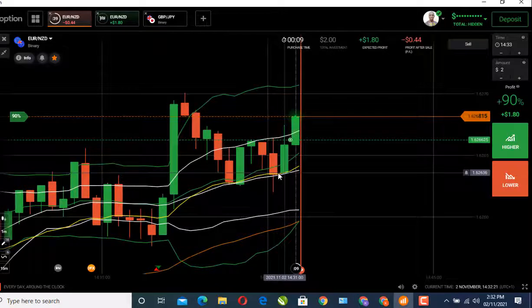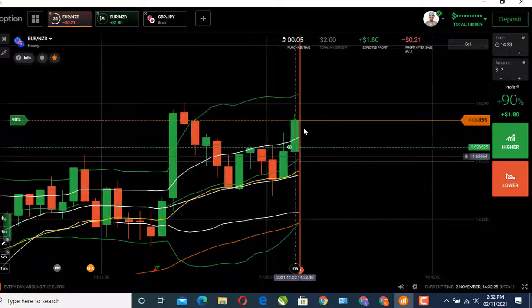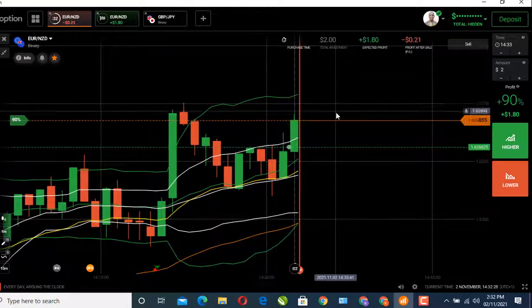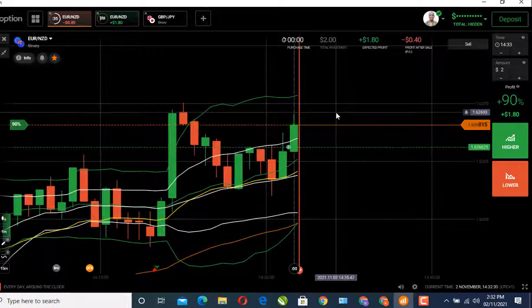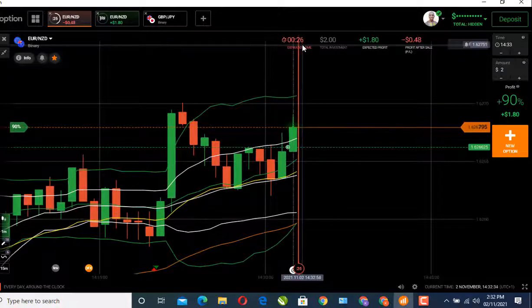This is the pullback from the 20 EMA. Second pullback: this is the first pullback, this is the second. So that's why I place my trade, call option. So we have 26 seconds.